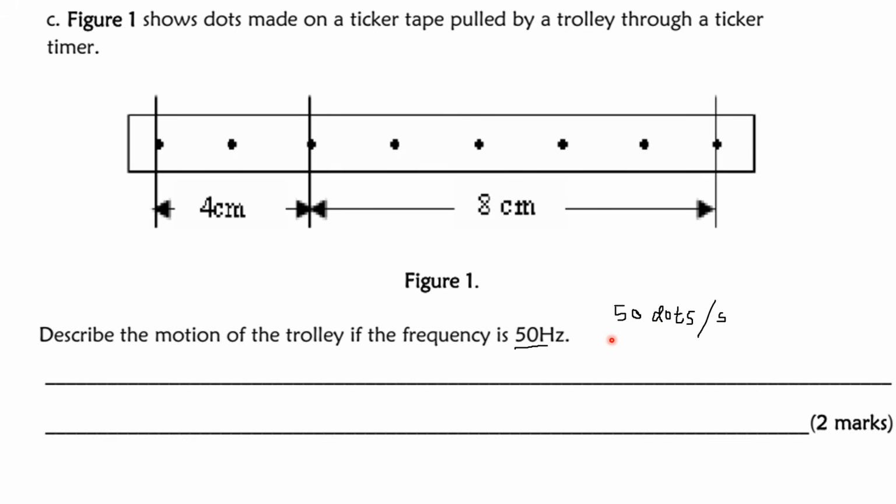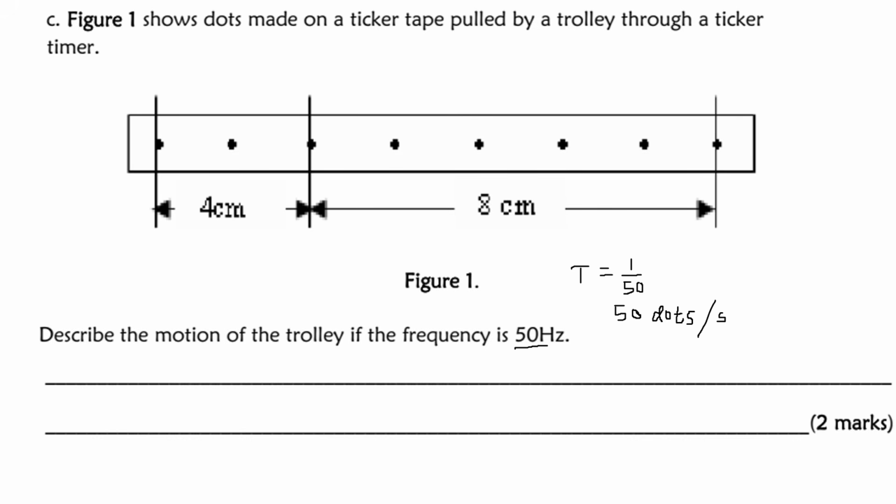So that being the case, we can calculate the time taken for one dot. Time taken for one dot is equal to 1 divided by 50. It's like we are trying to find the period from the given frequency.